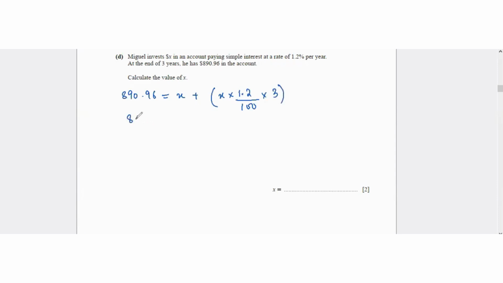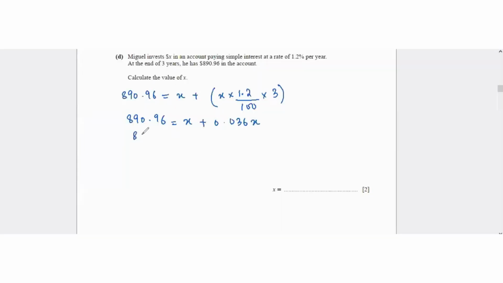So that's going to be 890.96 equals x plus 3 times 1.2, which is going to be 3.6. And then we divide 3.6 by 100, which is going to be 0.036x.